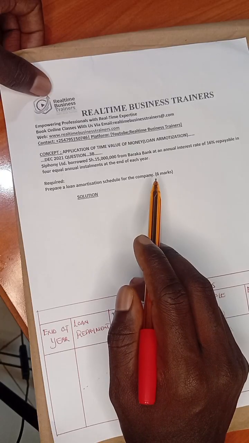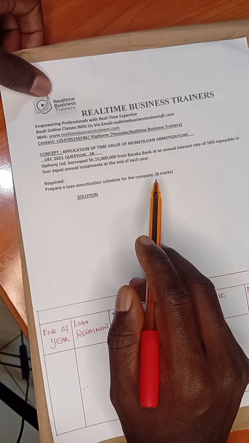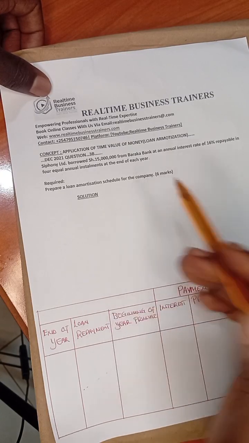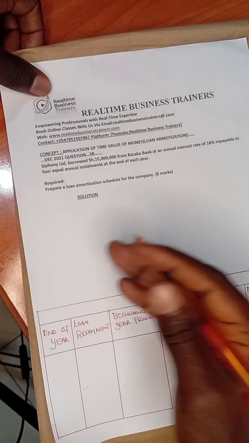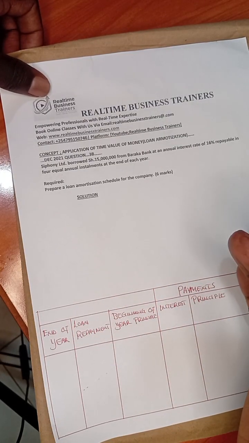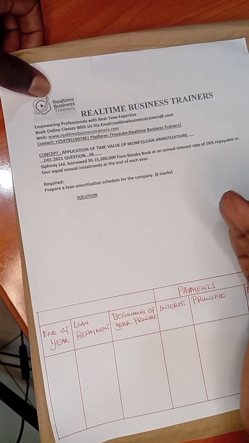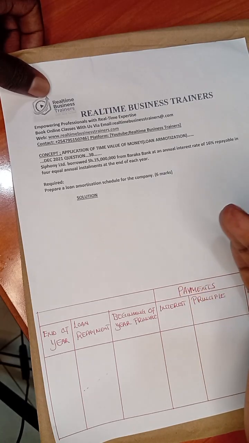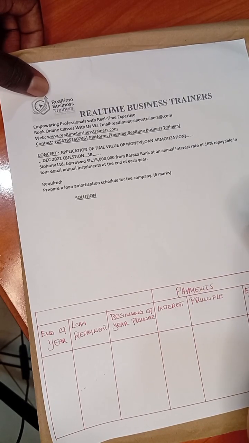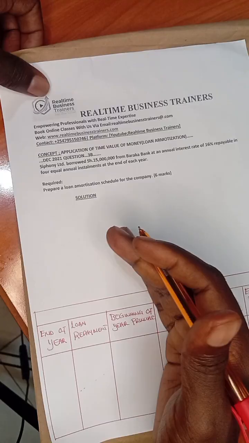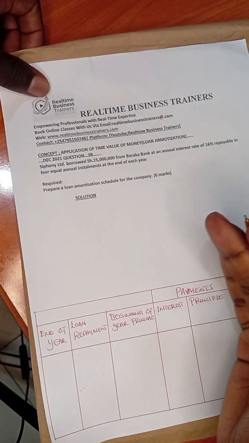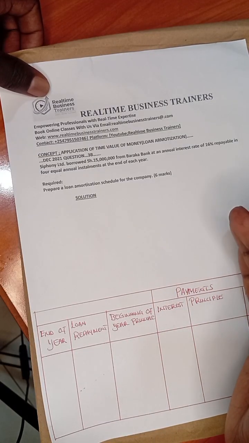To prepare a loan amortization schedule is to show how this repayment is shared amongst the 4 periods. That is, this amount is to be paid in the first period, the second, the third, and the fourth.